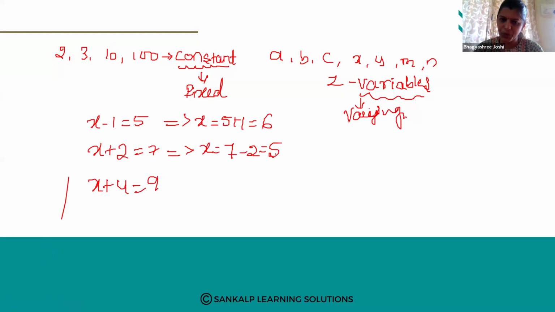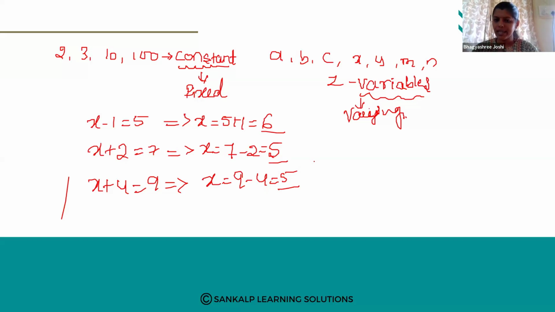That means you will get 5. Here, if you transfer 4 to this side, x is equal to 9 minus 4. That is 5 you will get. So, here x value is 6, x value is 5 and x value is 5. That means depending on the situation, variable values will change. That means variable values are changing, fixed values remain fixed.